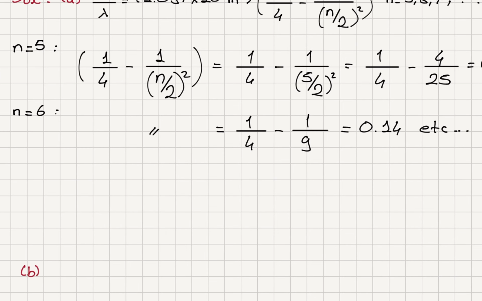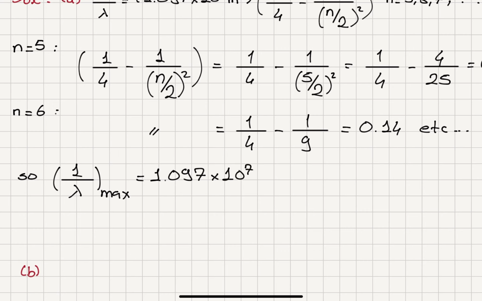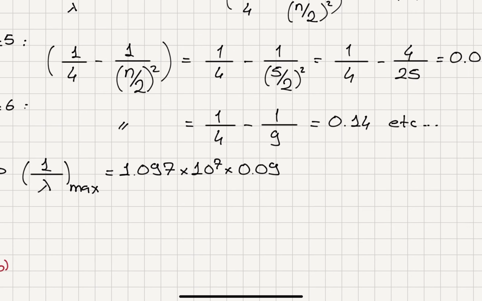So we will obtain 1 over lambda maximum is equal to 1.097 times 10^7 times 0.09.